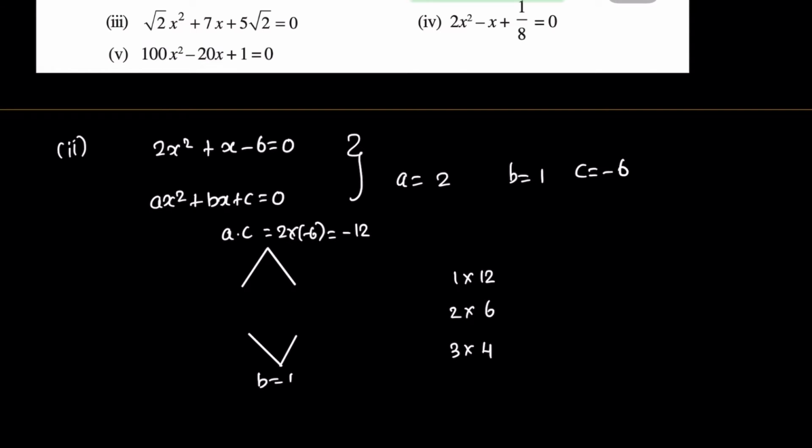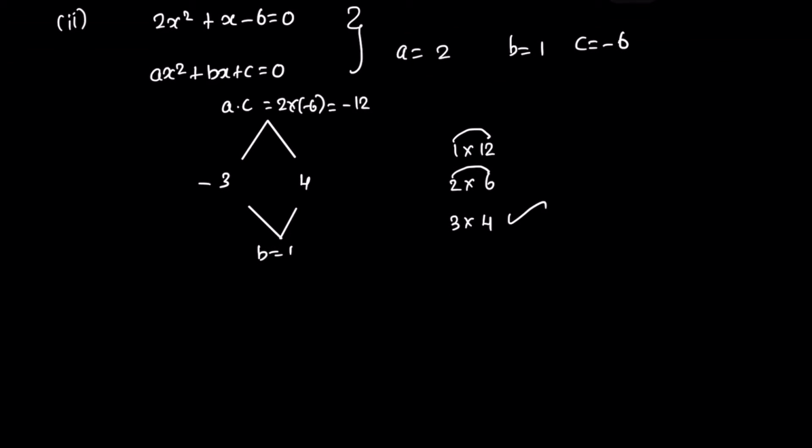The difference is not 1 in the first two, but 4 and 3 is possible. So we need a positive 1 and the product is negative 12. So one number is positive and the other is negative, so minus 3 and plus 4.